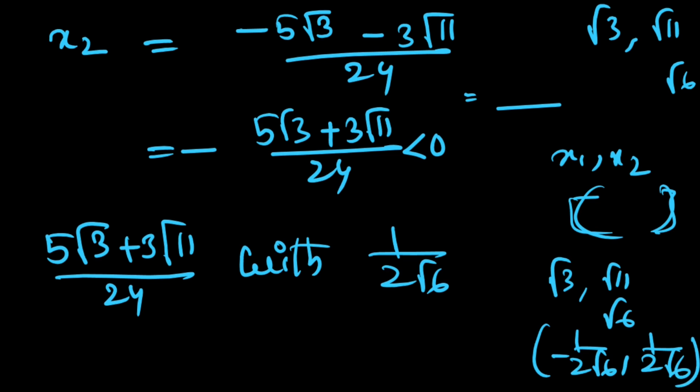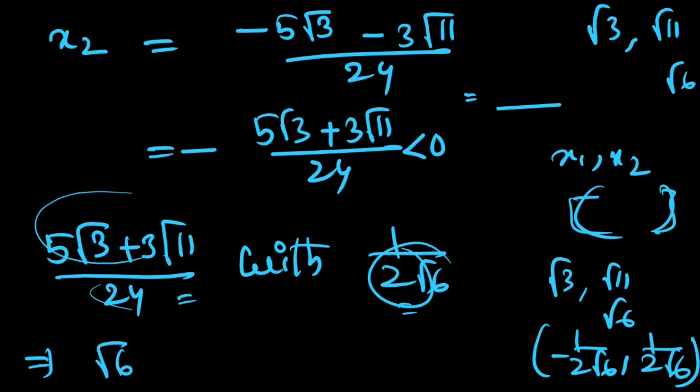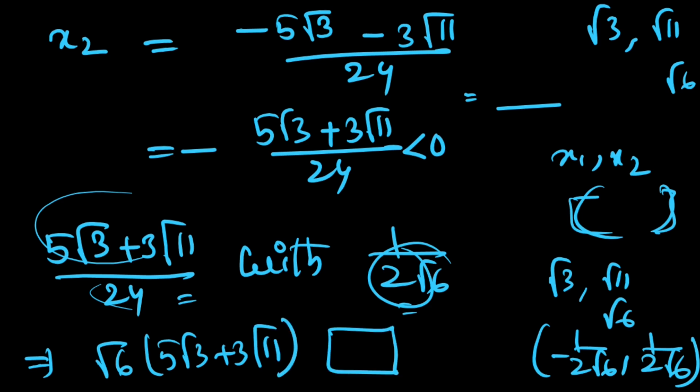So first we compare this value to this value. Actually we cross multiply terms by these terms and these terms by this term. That is, if we multiply by root 6, 5 root under 3 plus 3 root under 11, we want to check whether this value is less than or greater than 12.